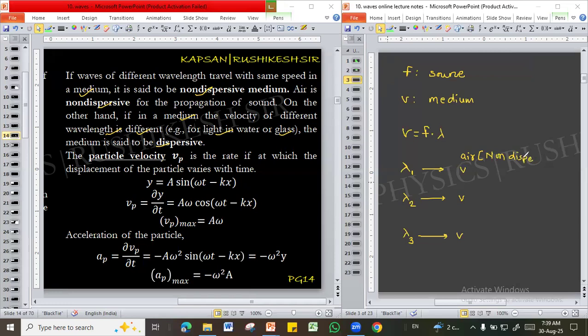For all the waves, speed will be the same. Such a kind of medium which offers the same speed for all the waves of all the different wavelengths or all the different frequencies is known as a non-dispersive medium. Any doubt in this?